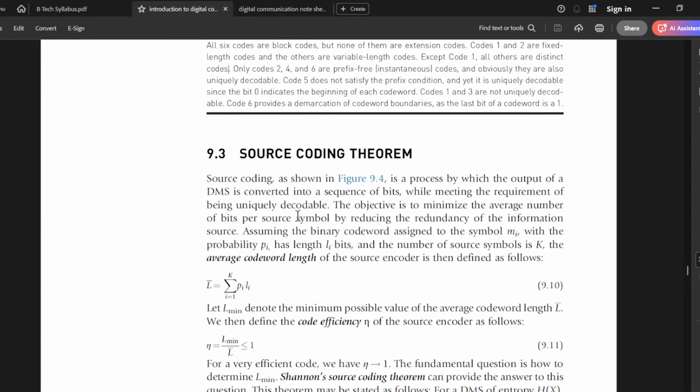Now here is the big point. Theorem, very important: the source coding theorem.